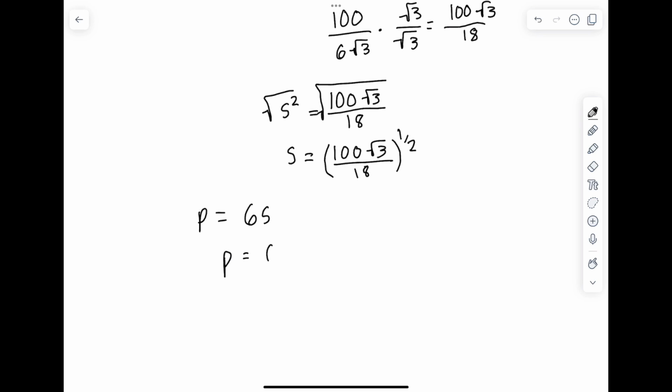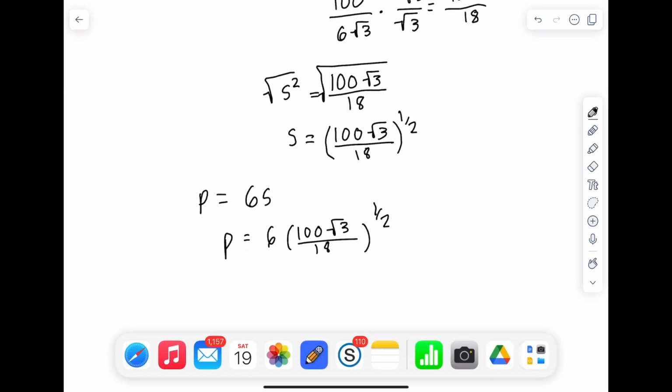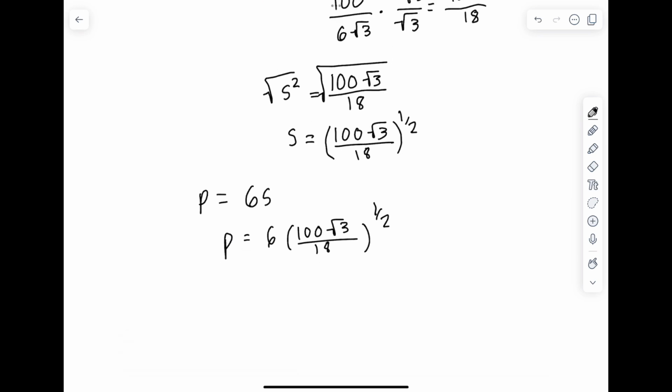Then P is equal to 6S. So then if you just plug that into the calculator, you will get P equals 18.6 inches.